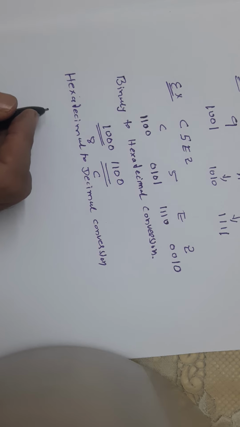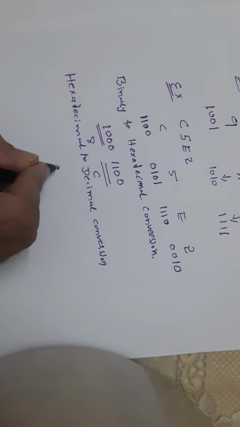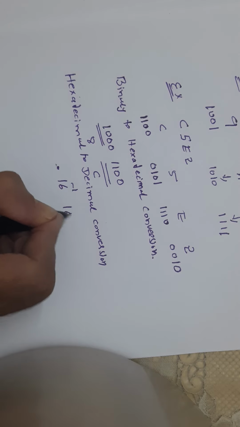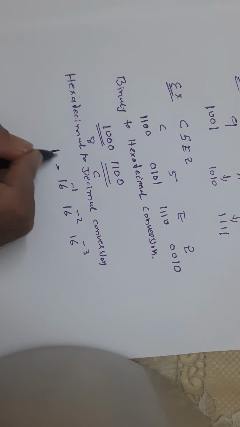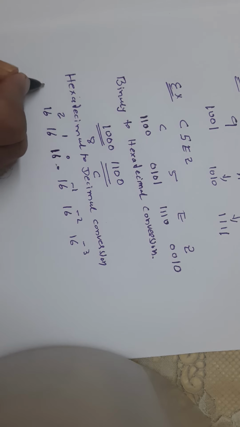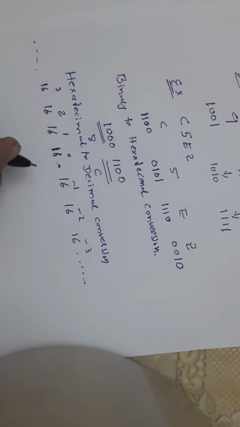The weights of the digit positions in a hexadecimal number are as follows. For the fraction: 16 raised to minus 1, 16 raised to minus 2, 16 raised to minus 3. Here 16 raised to 0, 16 raised to 1, 16 raised to 2, 16 raised to 3, like this.